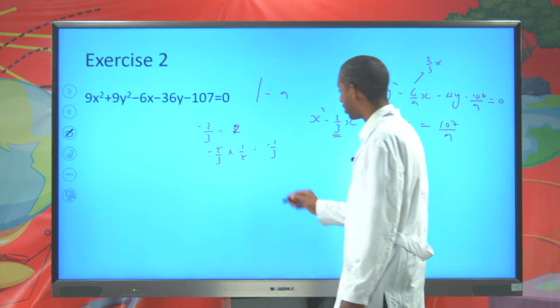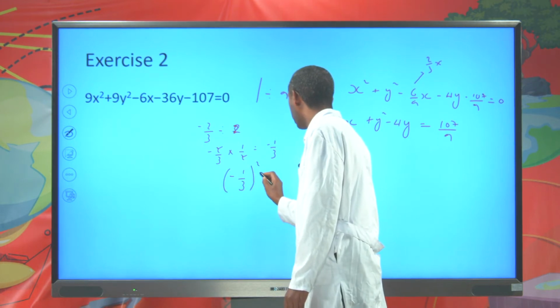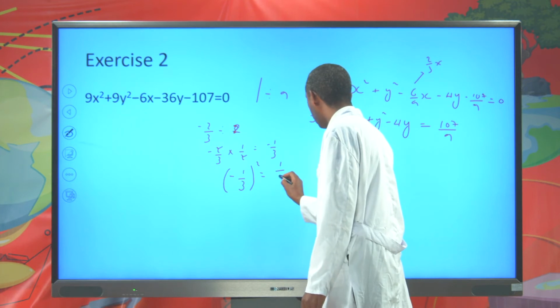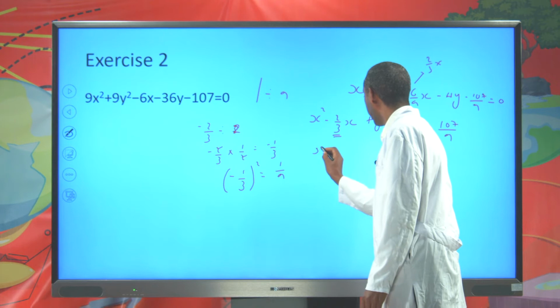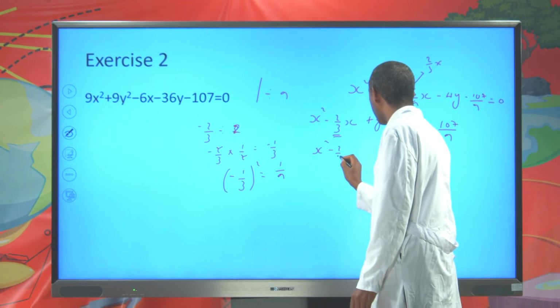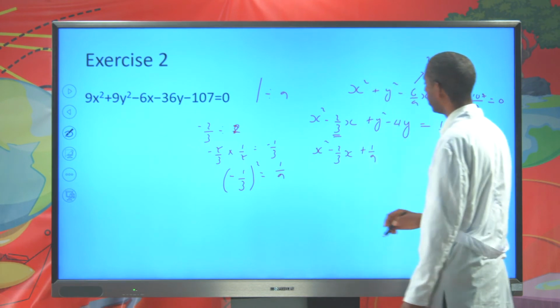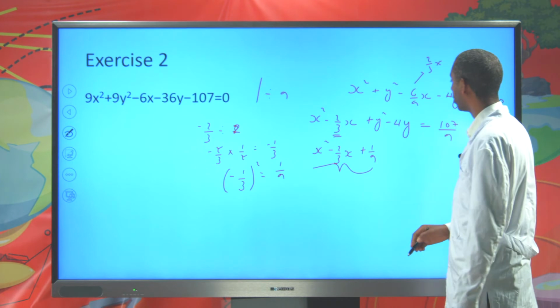Then let's square this. Minus 1 over 3, square it. Then do not forget the brackets here. So it just gives you 1 over 9. So this becomes now x squared minus 2 over 3x plus 1 over 9. This is an expression for x.